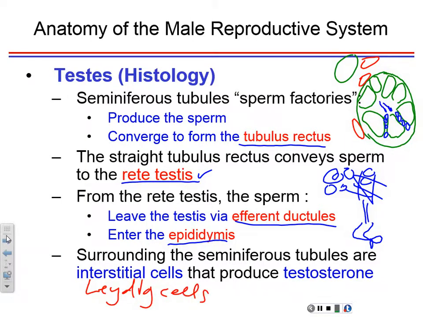Those are the cells that produce testosterone. Later on we'll talk about luteinizing hormone, which stimulates the interstitial cells to produce testosterone. Luteinizing hormone is also called interstitial cell stimulating hormone, because of the interstitial cells that produce testosterone.